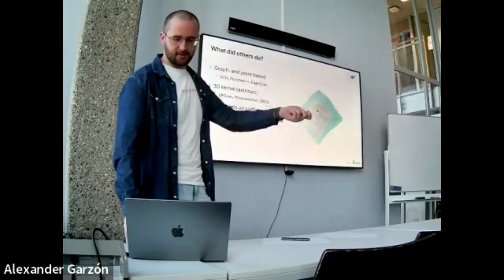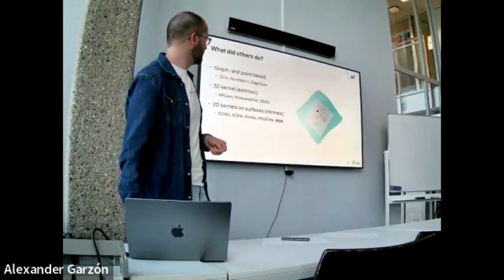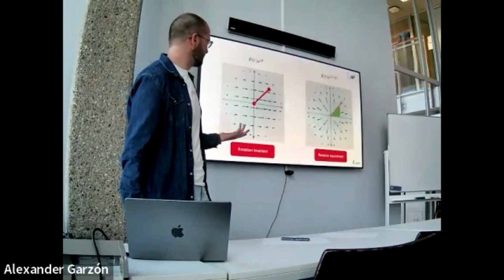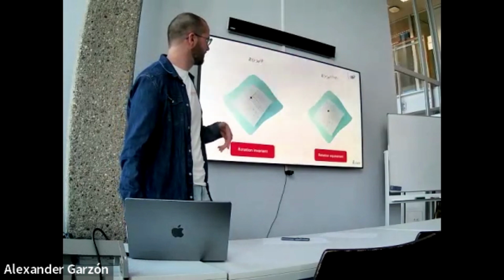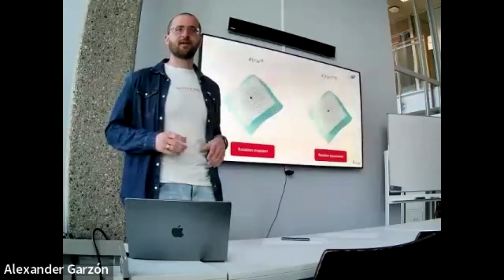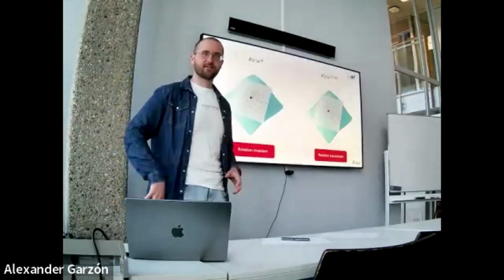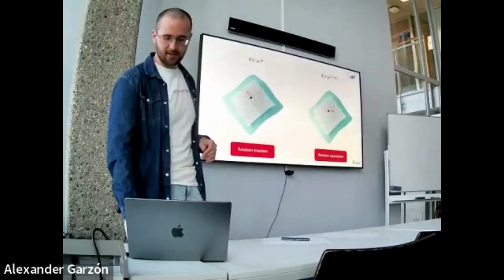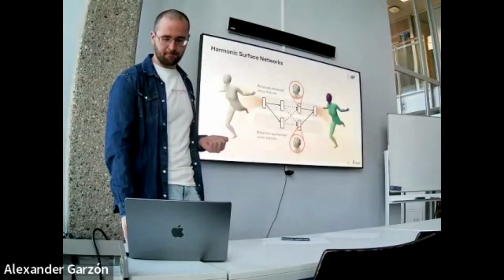And in harmonic surface networks, we show that you can use these rotation invariant kernels, apply them in different directions, and we have filters that we can rotate after. So that is everything that Klaus just explained with harmonic surface networks.